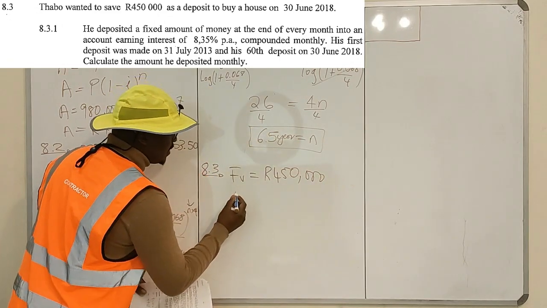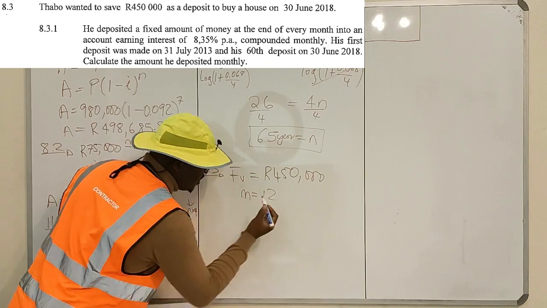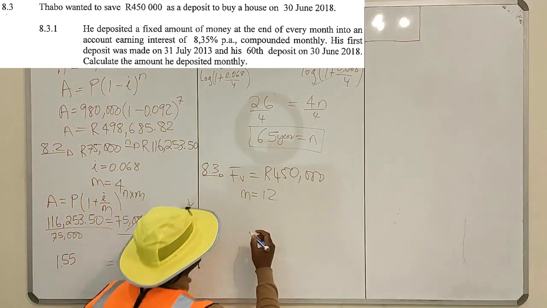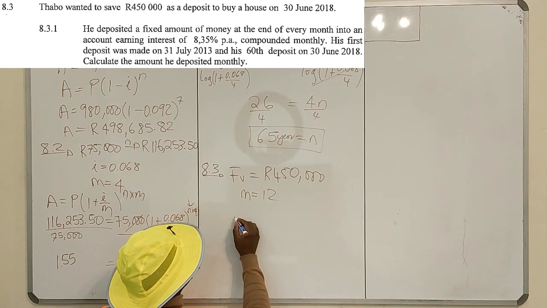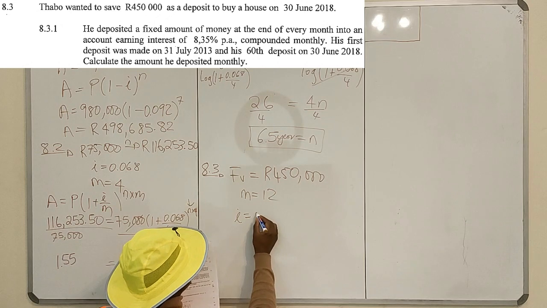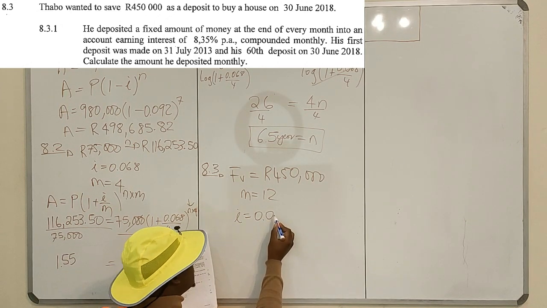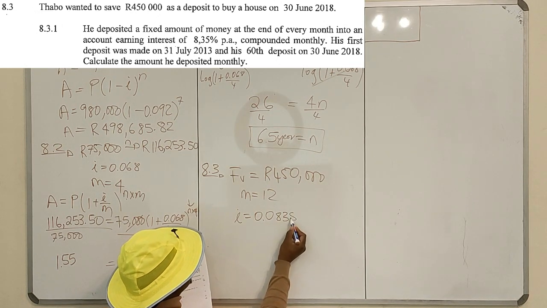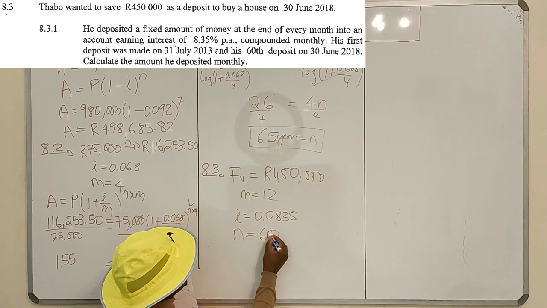We know the compounding is monthly, 12 months in a year, and we know the interest rate is 0.0835. That's your interest rate, and you know the number of deposits is 60.